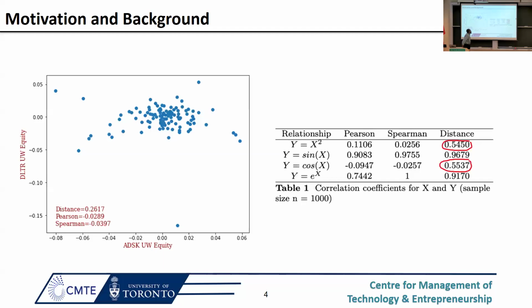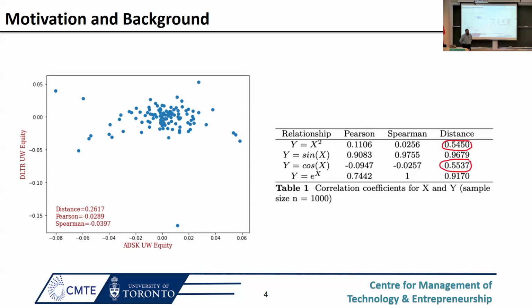Now I want to show you the motivation or background behind this evaluation, and why it's necessary to evaluate whether Pearson is sufficient to create this market graph for stocks. We take a look at this scatter plot of the returns for two stocks, Dollar Tree and Autodesk.